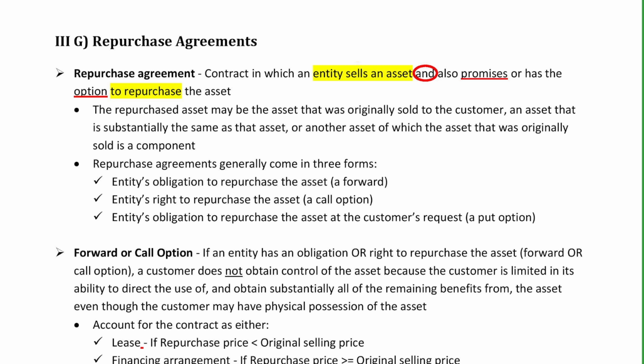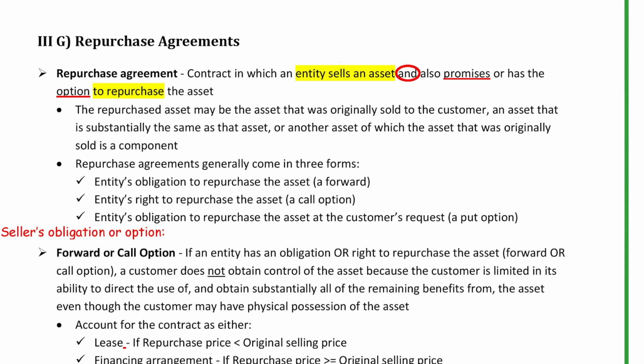Now the repurchase agreements may need to be recorded as a lease, a financing arrangement, or a sale with right to return. And to understand this better, let's look at the examples on the next page.